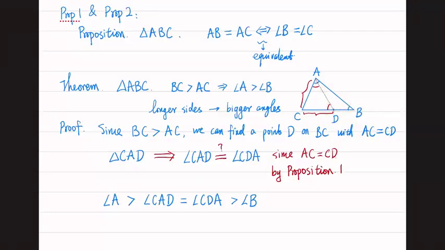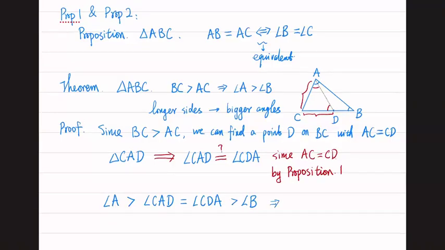Okay, so several propositions we apply in this very simple argument. Now, this one is bigger than this, and this is bigger than this. Therefore, A is bigger than B. To prove this, we used two propositions.